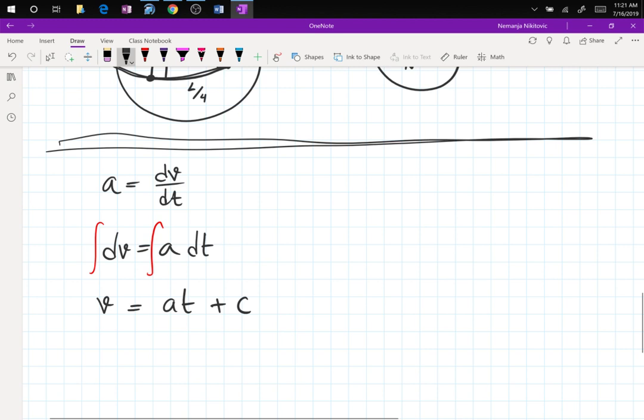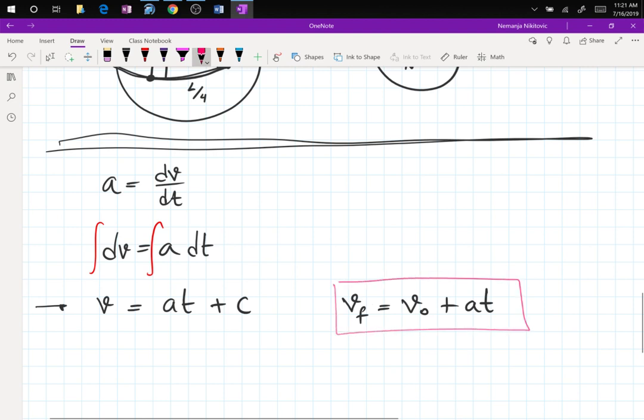This equation you probably have seen in physics, where final velocity is equal to initial velocity plus acceleration times time, and that c turned into the initial velocity, v0. So mathematics would give you an equation that looks like this, and then physics would just rename all of the variables and give the subscripts, so it's easy to connect to everyday dealings.